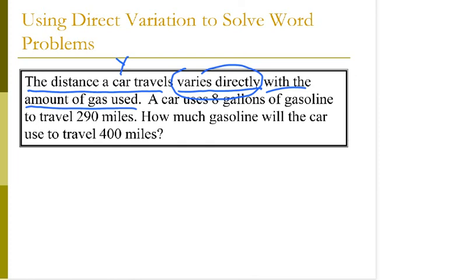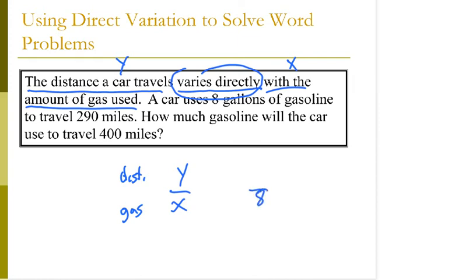It says that a car uses 8 gallons of gas and travels 290 miles. And they ask us how much gas we don't know how much gas is going to be needed to travel 400 miles.